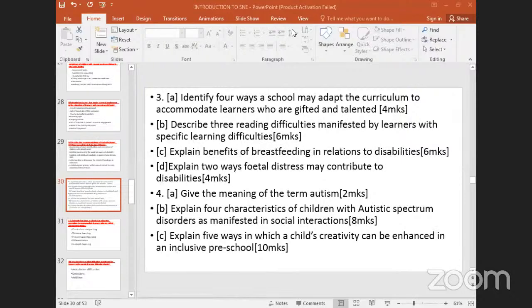How do we enrich the curriculum? By providing more disciplines or areas of learning which are not there in the regular curriculum.